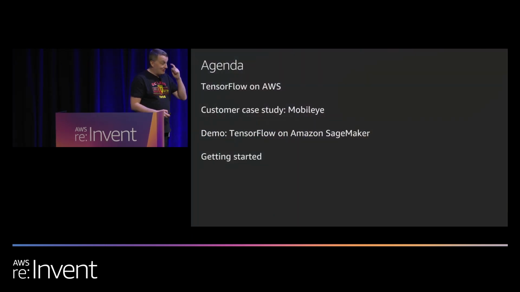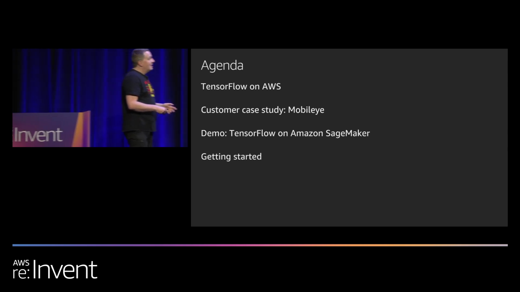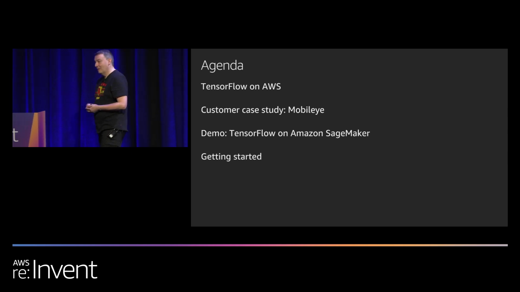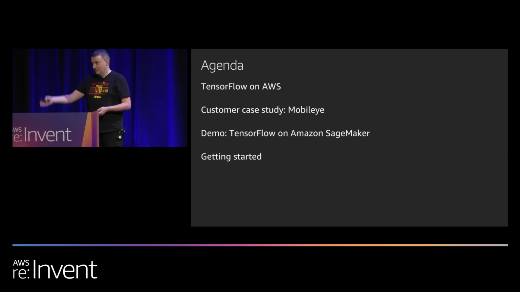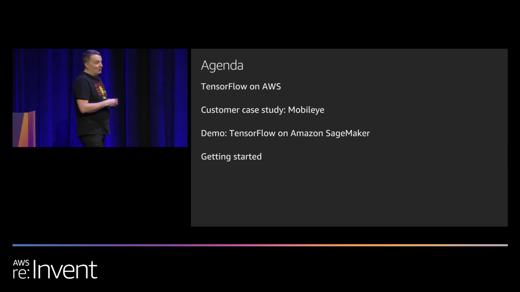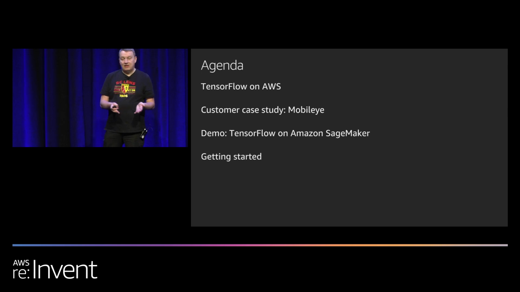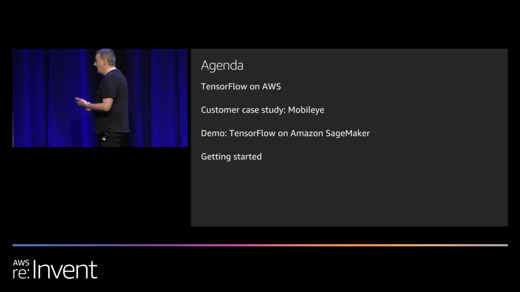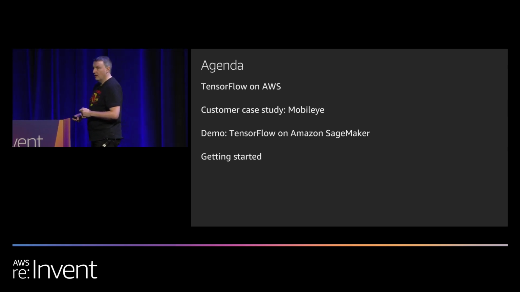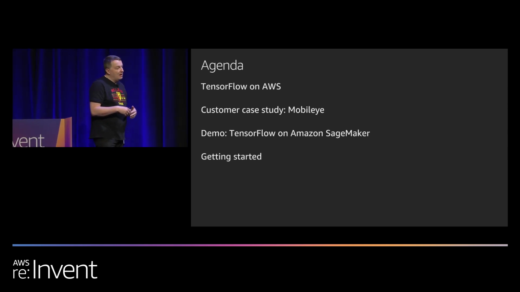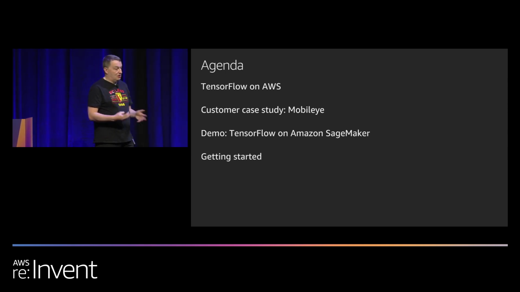So let's get started. So we're going to cover a few things. I'm going to say a few words about TensorFlow on AWS as a quick intro, and then I'll hand the stage over to AIM, who's going to explain what the use case is for TensorFlow and SageMaker at Mobileye, and he's going to go very deep into how they actually scaled their computer vision and autonomous driving workloads on SageMaker.